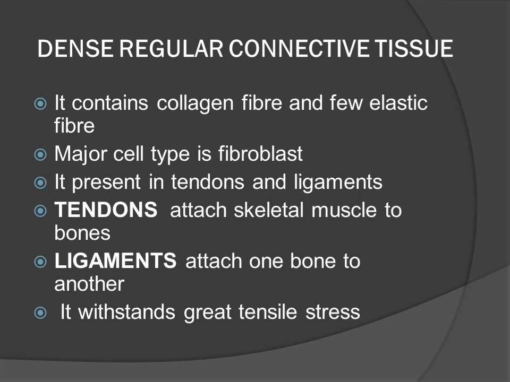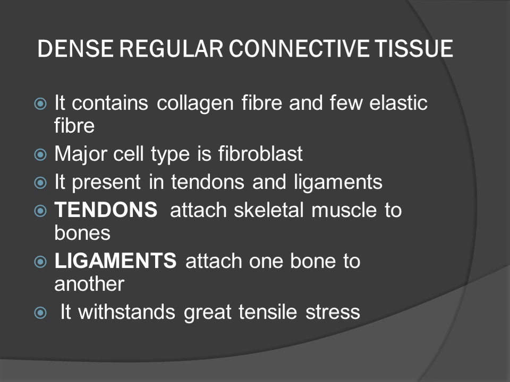The fiber present here is especially collagen fiber, and a few elastic fibers are also present. Three fibers we said already: collagen, reticular, elastic, right? So here it consists of collagen fibers as well as a few elastic fibers. And the cell type is mainly fibroblast cells.